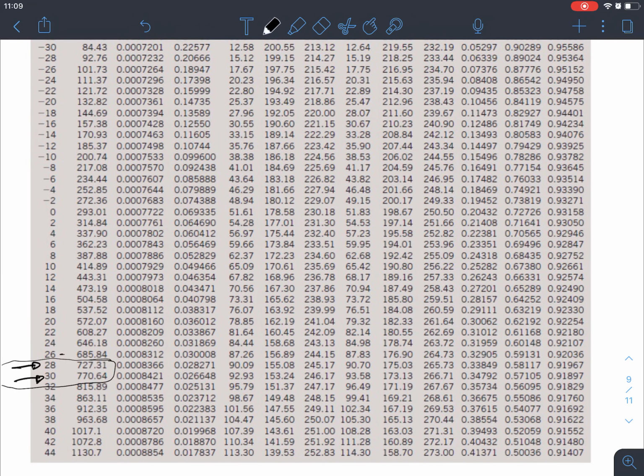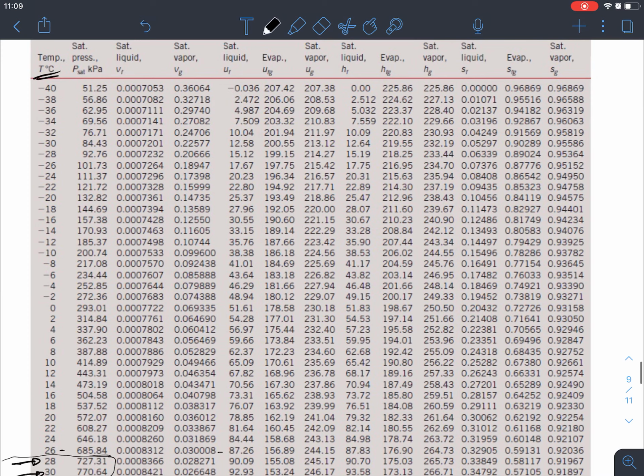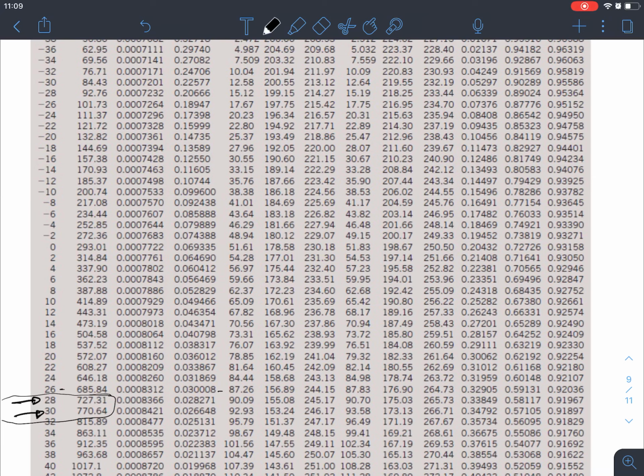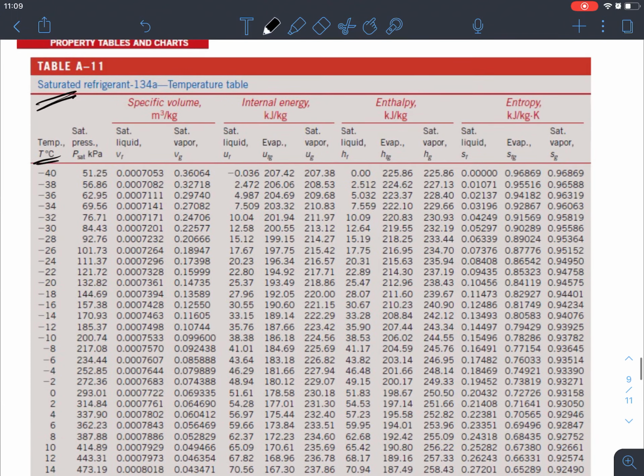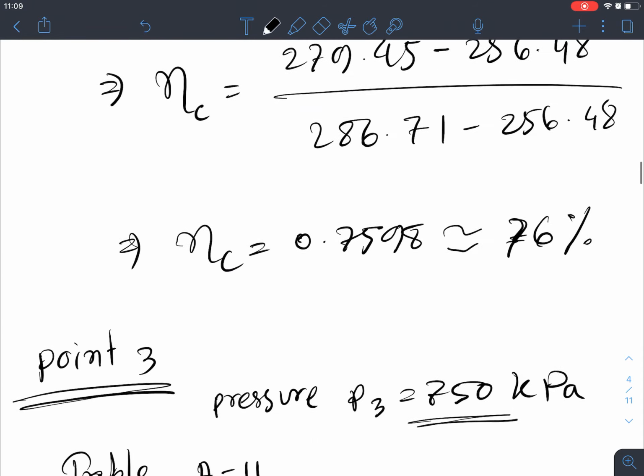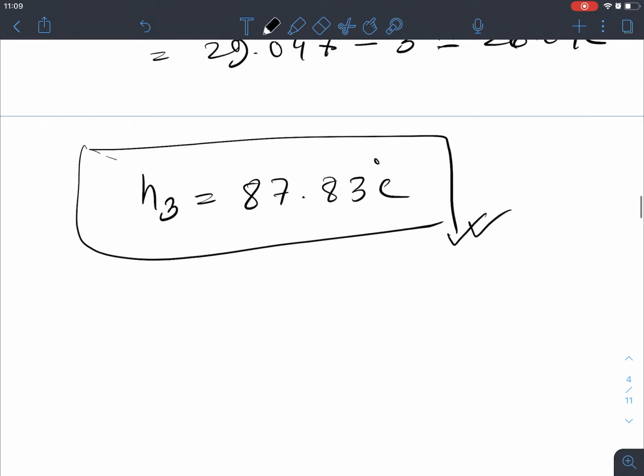With respect to 26 degrees Celsius, the enthalpy hf is 87.83 kilojoule per kg, which is what we wrote here.